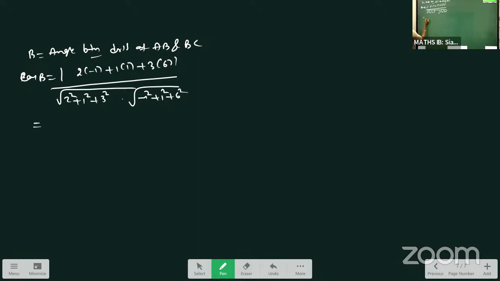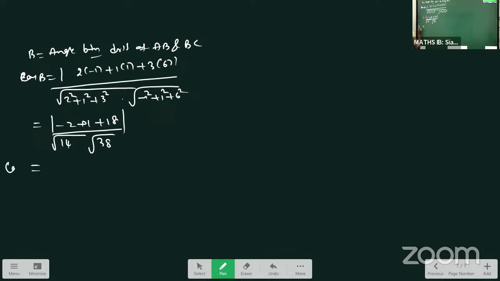Simplify. Minus 2 plus 1 plus 18 by under root of 9 plus 1, 10 plus 4, 14, under root of 36 plus 1, 37 plus 1, 38.